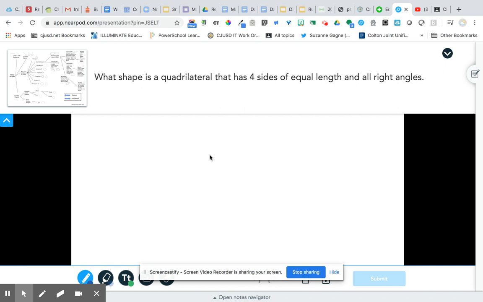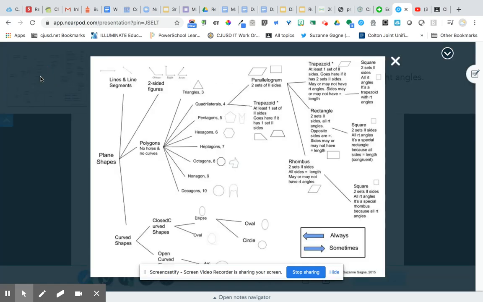What shape is a quadrilateral that has four sides of equal length and all right angles? Four sides of equal length and all right angles. So quadrilateral, all right angles, and four sides of equal length.